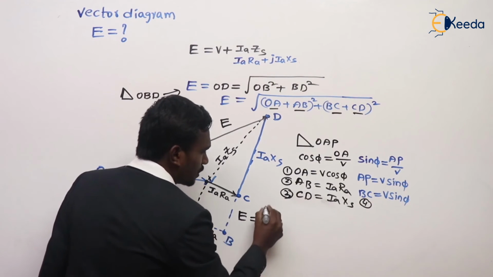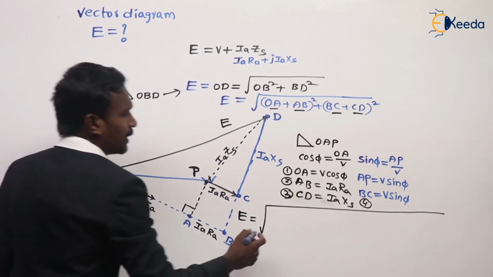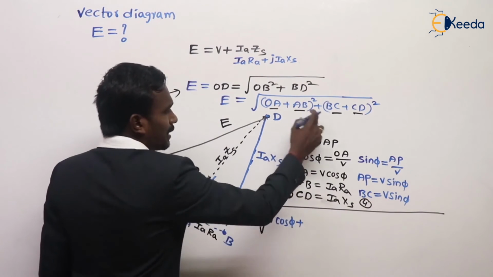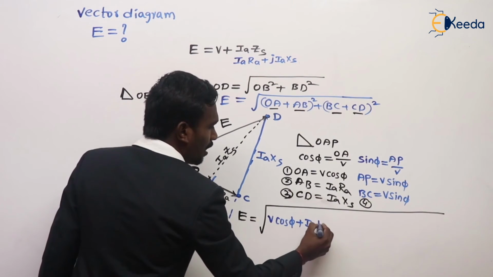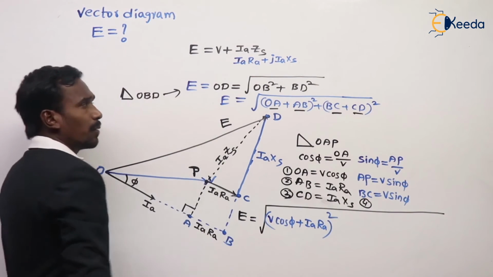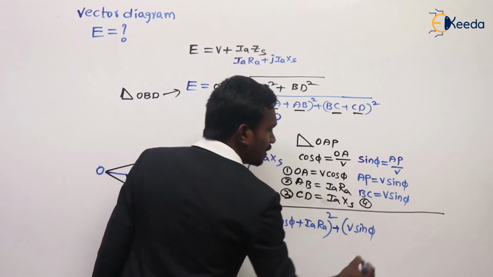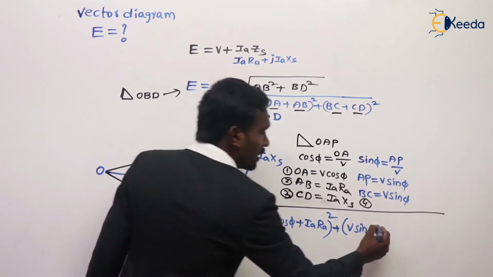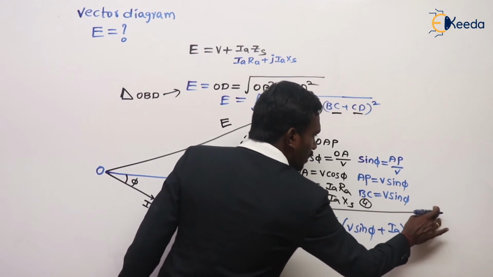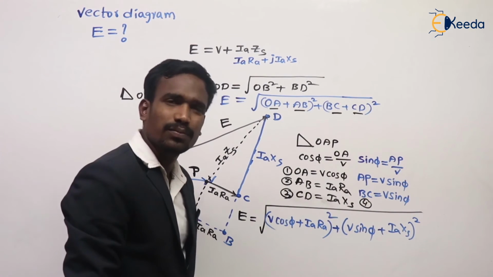E is equal to the square root of, tell me what is OA, V cos phi plus AB, IARA, whole square, plus BC, V sin phi, plus CD, IAXS, whole square. This is the EMF equation from the vector diagram.